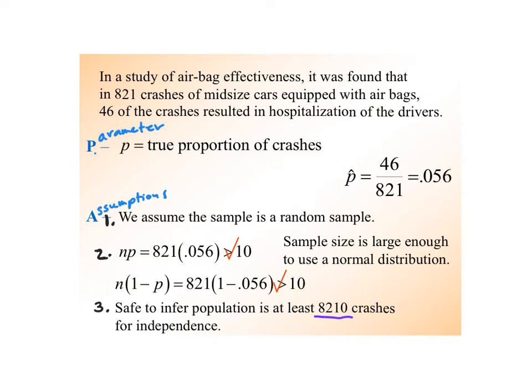That's just multiplying 10 times the sample size. What was the sample size? 821 times 10 is 8,210. All right, so that's P and A. Let's go on to N.